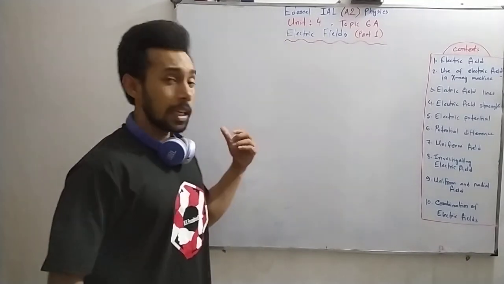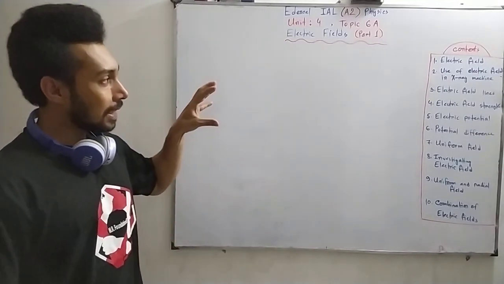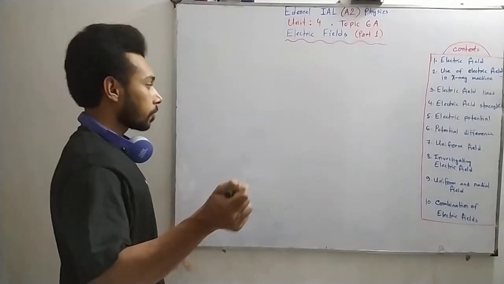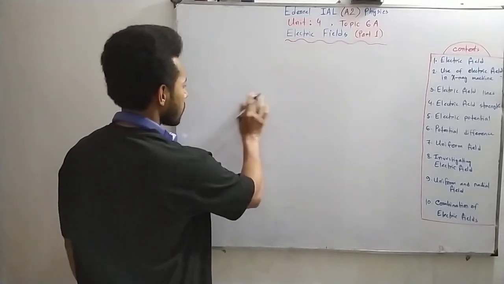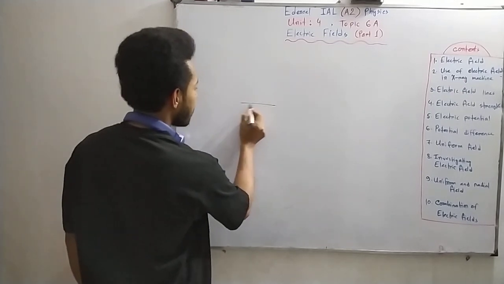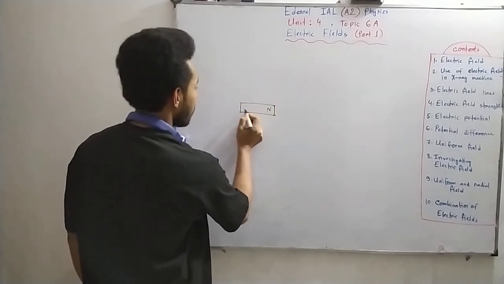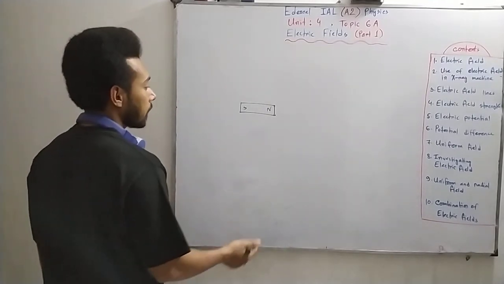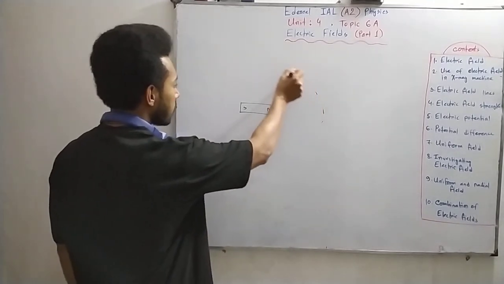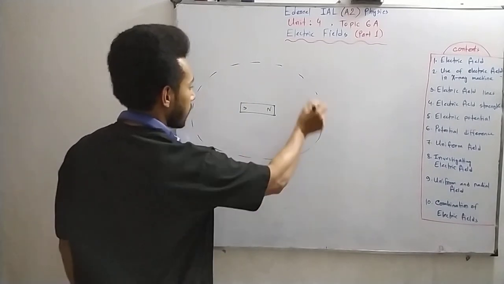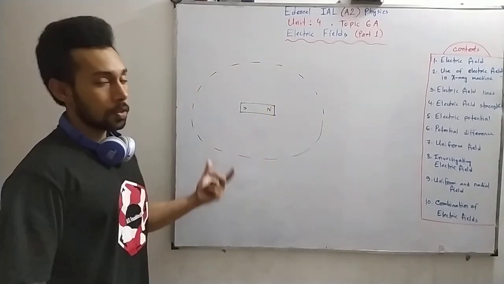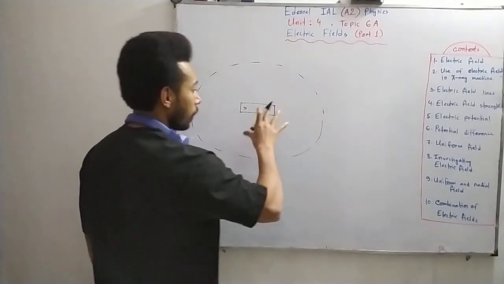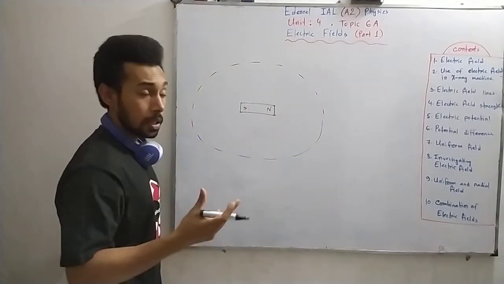Okay, let's start. First, electric field. What is an electric field? For example, suppose this is a magnet, and from our previous idea we know that there is a region of space, or volume of space, around the magnet within which its magnetism can be detected.